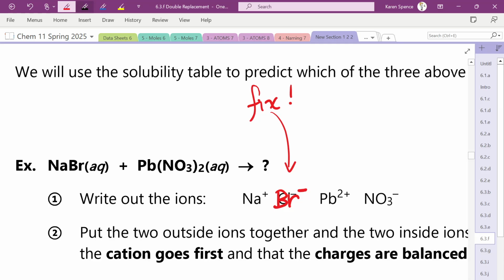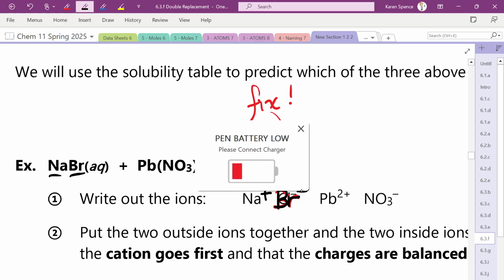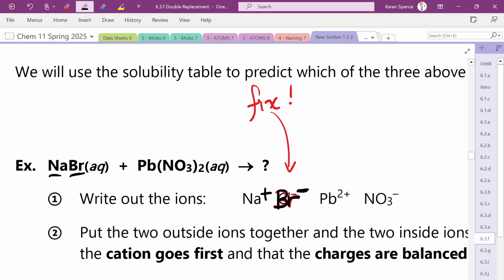So we have NaBr. The way to do it is to write out all your ions. I've got Na+ and I've got Br-. I have Pb, which because it's with NO3 twice, I know that NO3 is -1, so if I have 2 NO3s, that means that Pb has to be 2+.